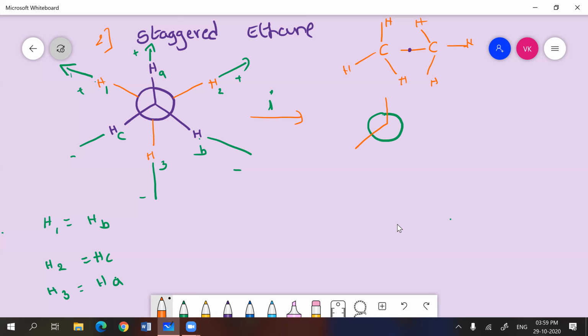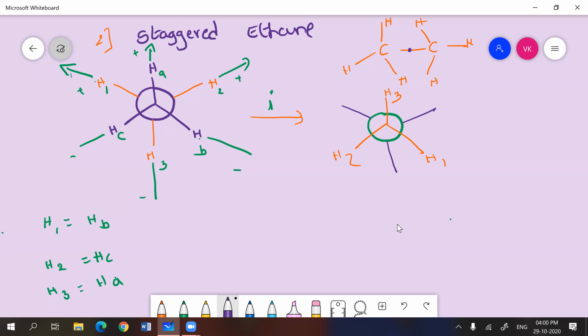Now the front hydrogens become these hydrogens. It is inverted through the center. So these will come on the top. This is H3, this is H1, and this is H2. Now the backside hydrogens will go and occupy the front.